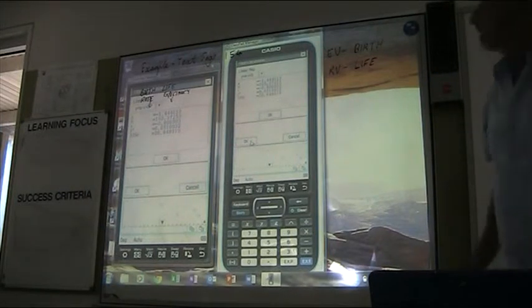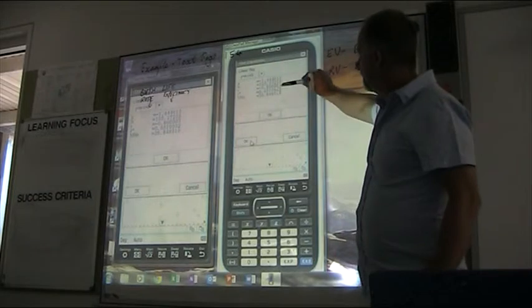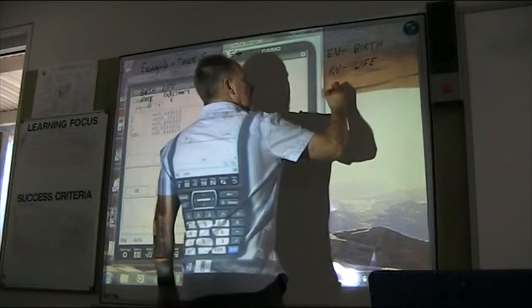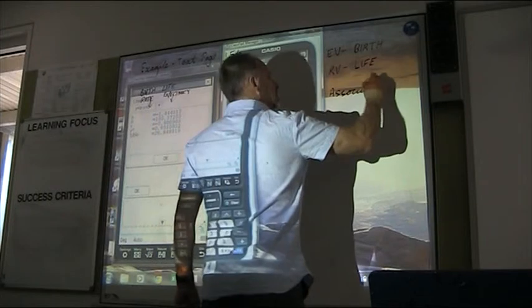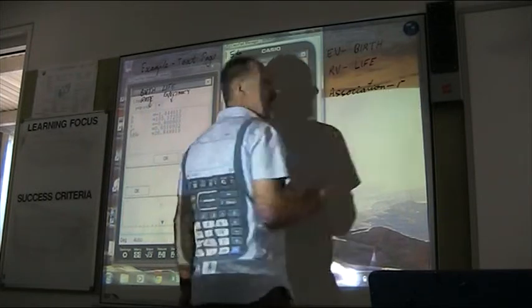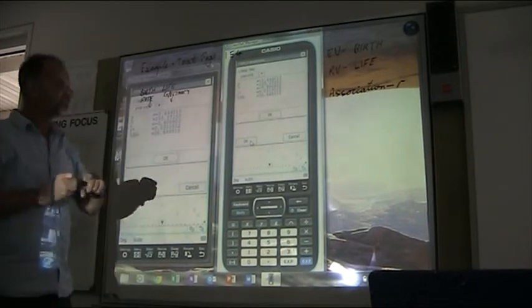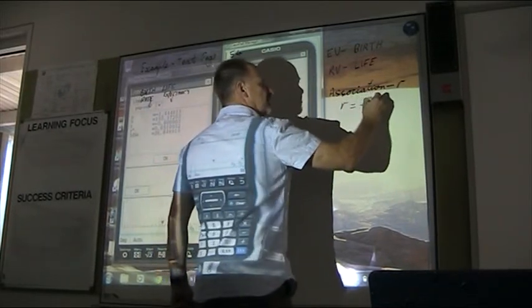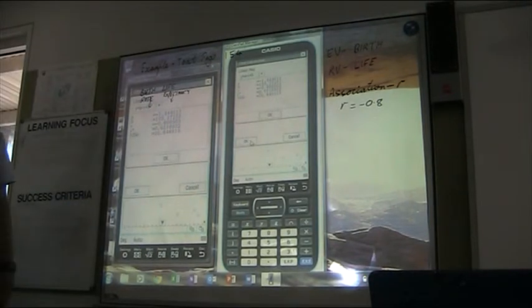Alright, so what sort of association might there be? Well, we'll have a look at this information. Remember, what we want to do is look at the R, so the correlation coefficient, not the R squared, but the R. And when we look at this one, R is negative 0.8. So what does that tell us about the association?